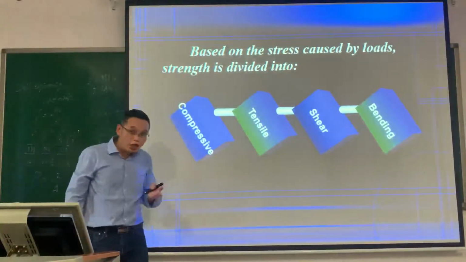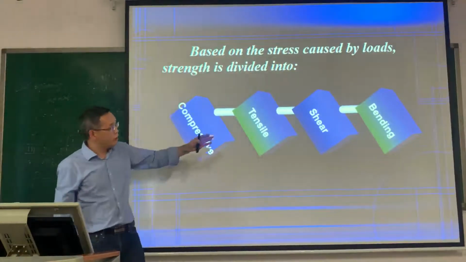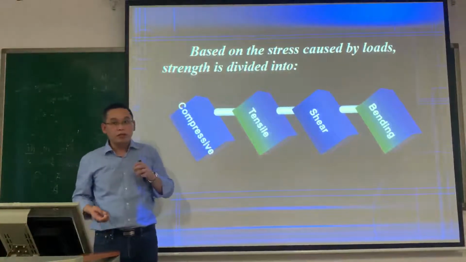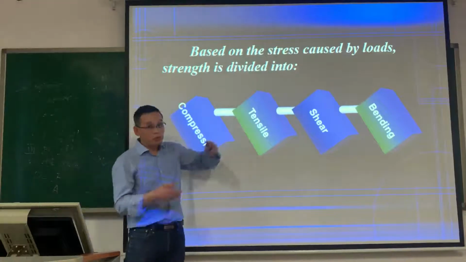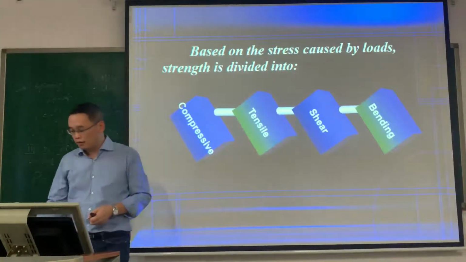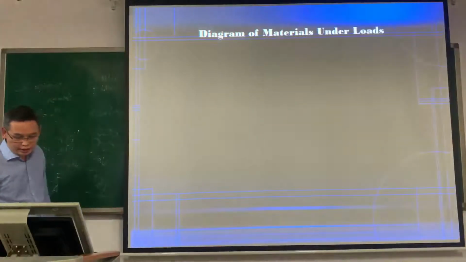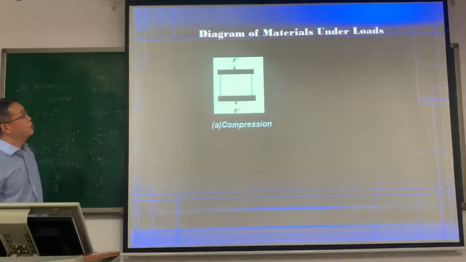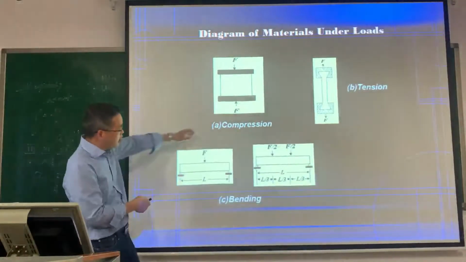But for steel, the tensile strength is very, very high. So this is the diagram of materials under load. The first one is compression.